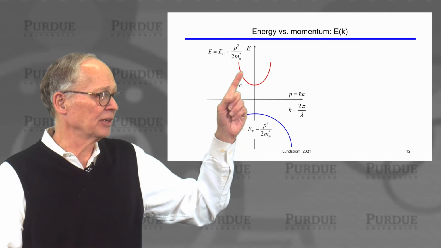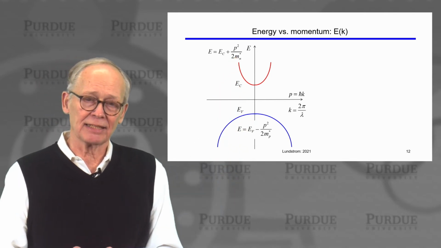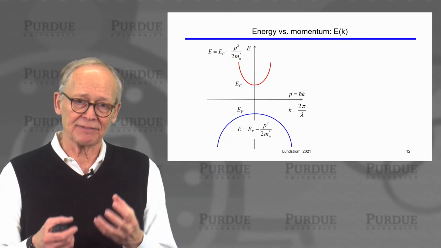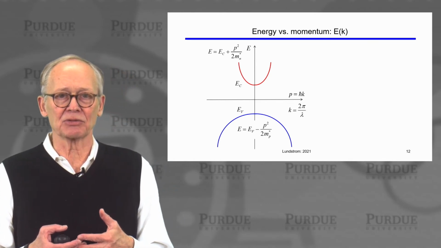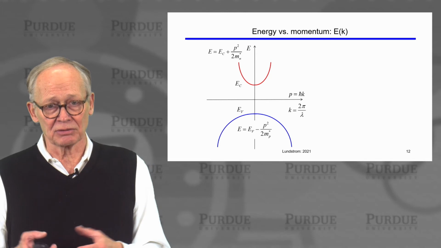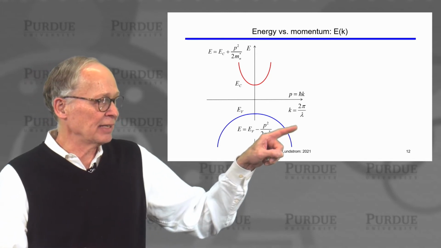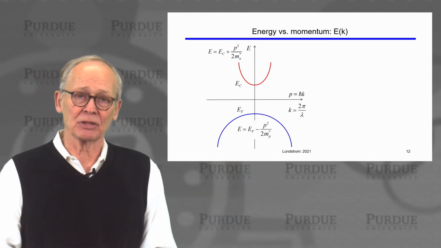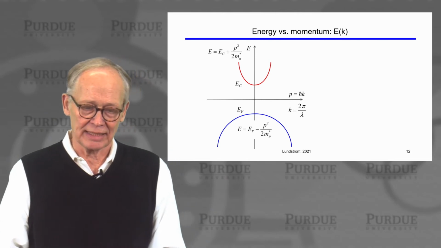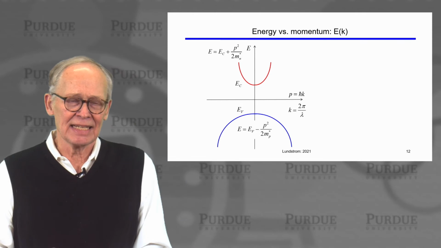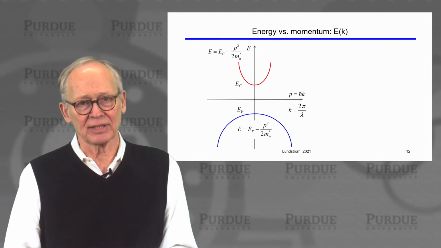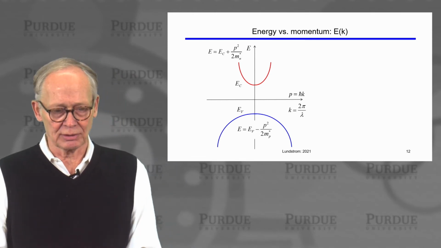The main difference is that the mass is replaced by an effective mass that accounts for these interactions of the electron with the periodic crystal potential of the material. In the valence band, the parabola goes down, so you would think of this as a negative electron mass. If we think about them as holes instead of electrons, it's a positive hole effective mass.